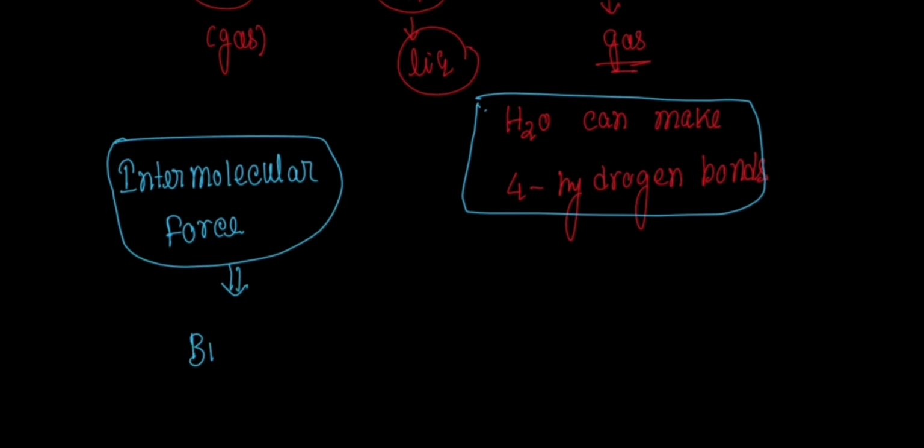Then the boiling point and the melting point would increase. That's why you can see that water has a high boiling point and melting point, that's why it's a liquid at room temperature, whereas the other two are gases at normal temperature. This is how you can talk about intermolecular forces of different types.